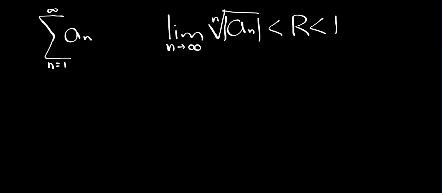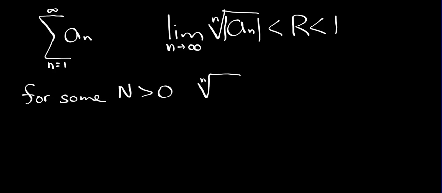Okay? Let's suppose that happens. Well, then that means that for some big N, of course, greater than 0, we have that the nth root of the absolute value is less than r. Just because that's what the limit says, right?